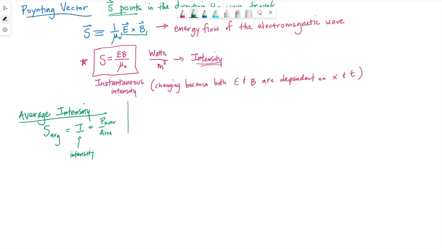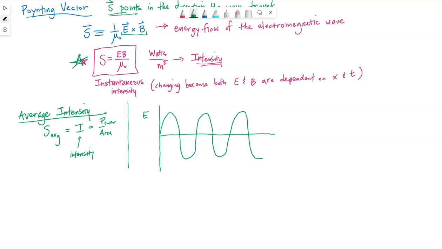But we need to first talk about how to get this equation up here to represent an average value. So let's graph the electric field. I'm going to say there's no phase shift, so I have just a nice perfect sine function. This could be x or time. It doesn't matter. If you recall, we have snapshot graphs and history graphs.